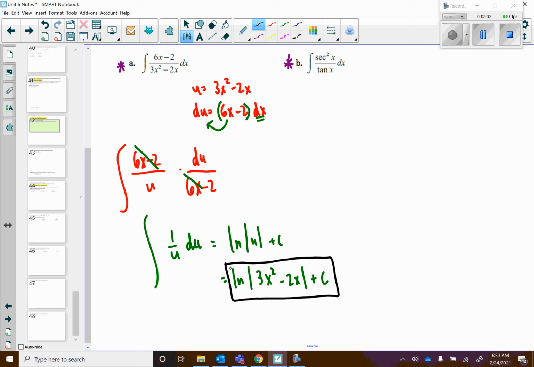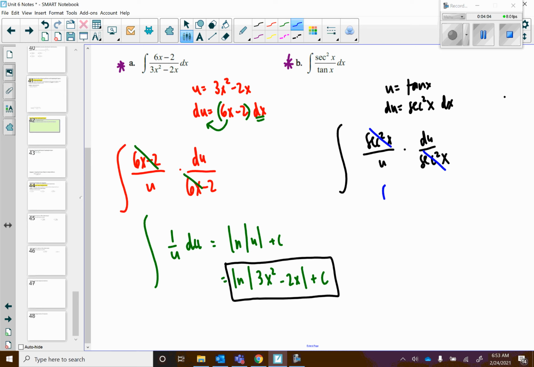For b, let's look at this one. We have secant squared over tangent. The first thing I think is, I know the derivative of tangent is secant squared, so that's good news. Let's pick u is tangent, du is secant squared. I substitute pieces in: secant squared x over u times du over secant squared.